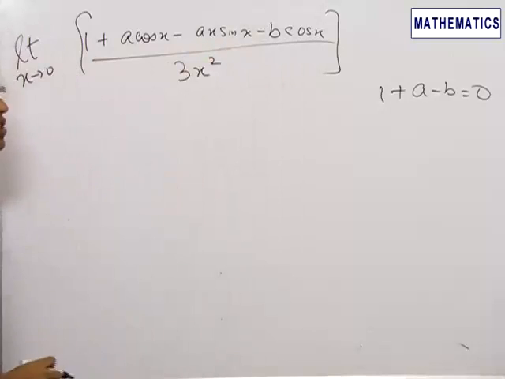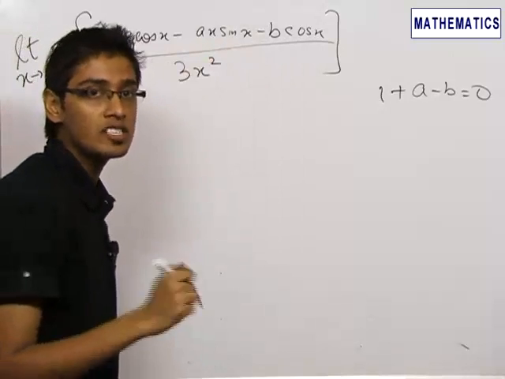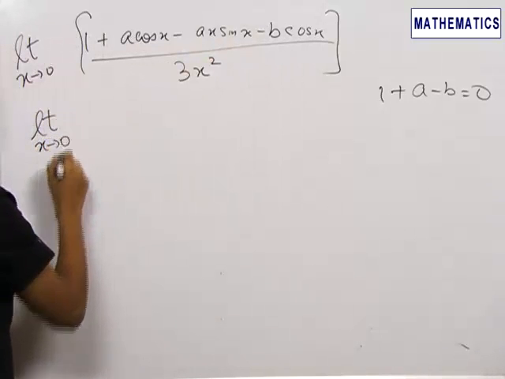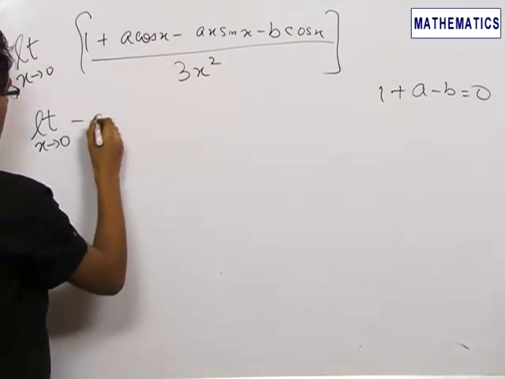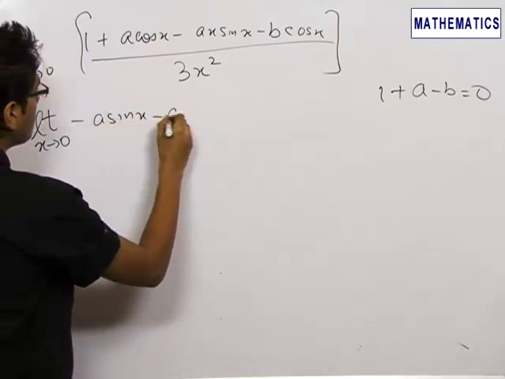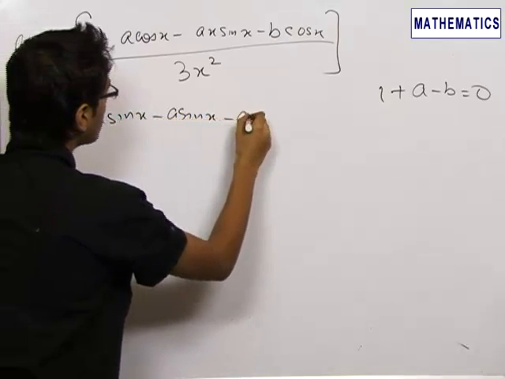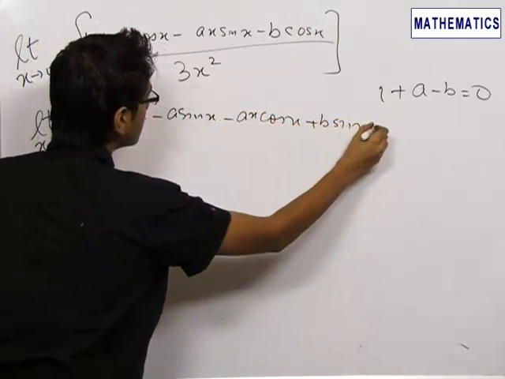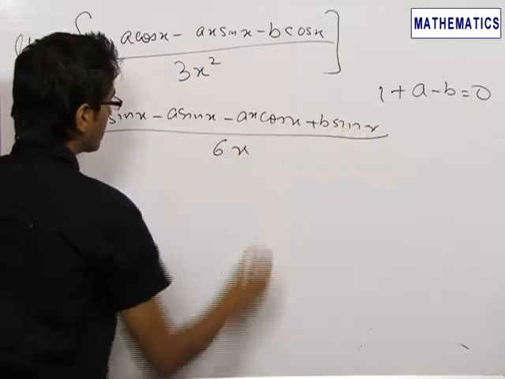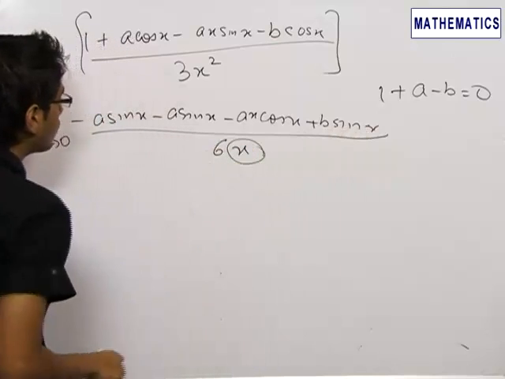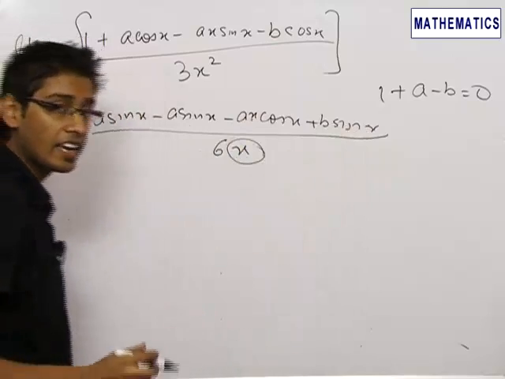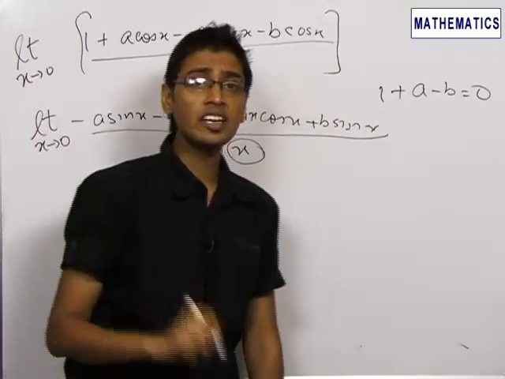So we again differentiate the question so as to remove the 0 by 0 format. So on differentiating the numerator and denominator, again we get minus a sin x minus a sin x minus ax cos x plus b sin x upon 6x. Now we can see the denominator is again going to 0. This is 0, this is 0, this is 0, this is 0. So it is again a 0 by 0 format. So we differentiate again.